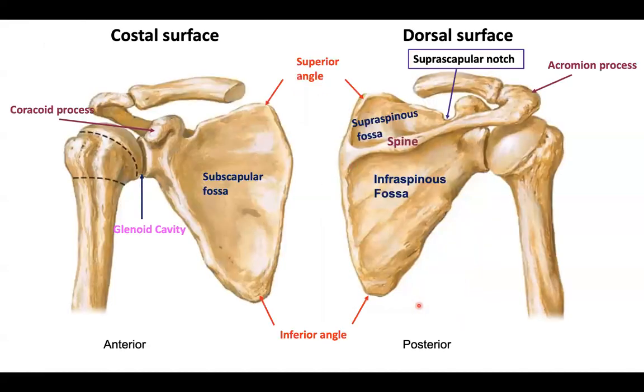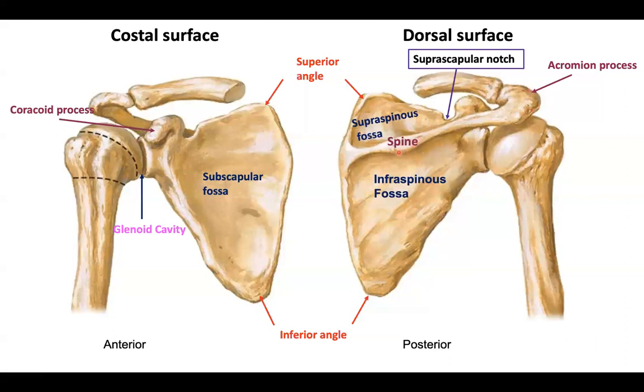So to summarize, scapula has 2 surfaces, costal and dorsal surface. They are the anterior and posterior surfaces. And it has 3 borders: superior border, medial and lateral border. It has 3 angles: superior angle, inferior angle, and lateral angle. And it has 3 processes: the spine, the acromion process, and the coracoid process.